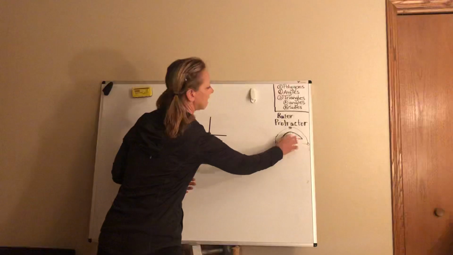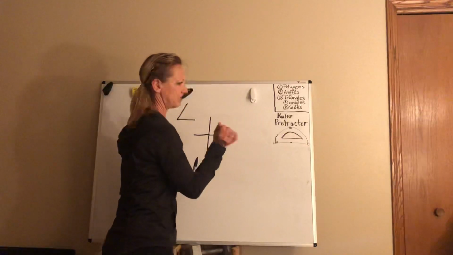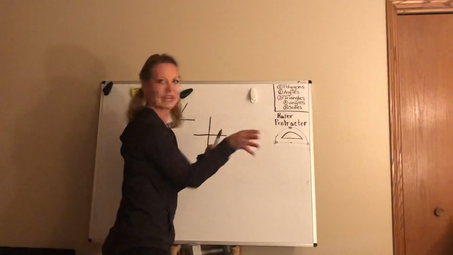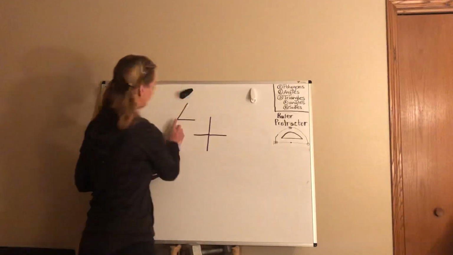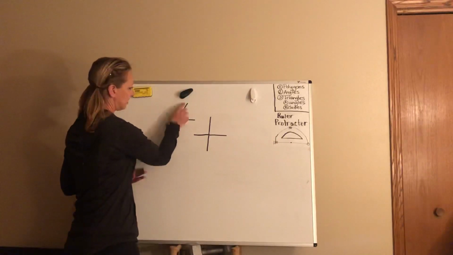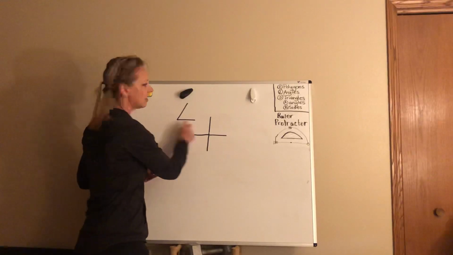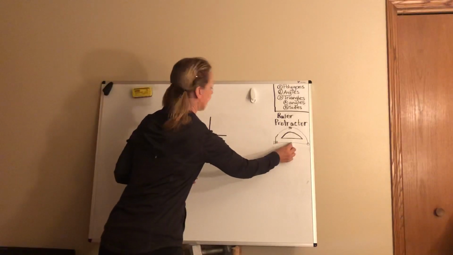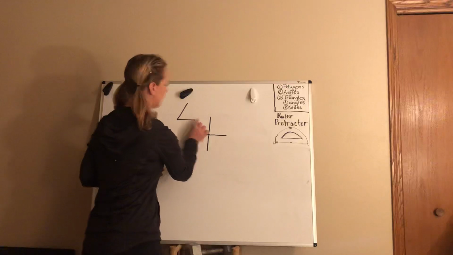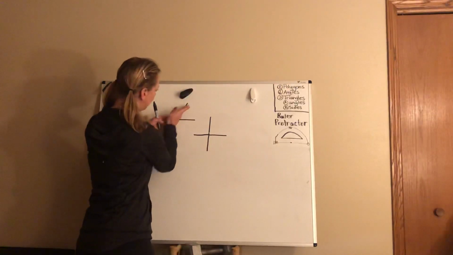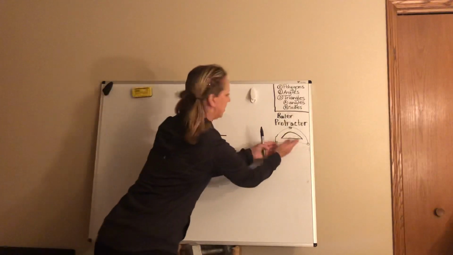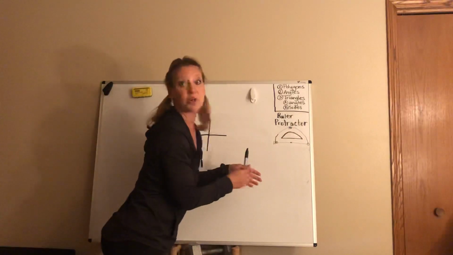This part right here is usually not there, you could put your hand through it. You would put your vertex, which would be the point where the two sides meet, there, and then this line across the bottom. Then you would see where this line goes, and that's where you measure it.